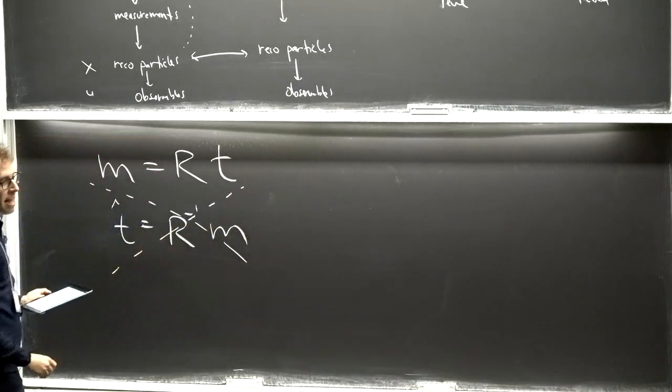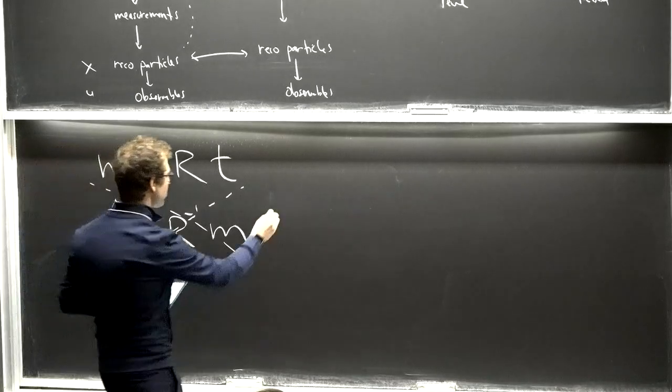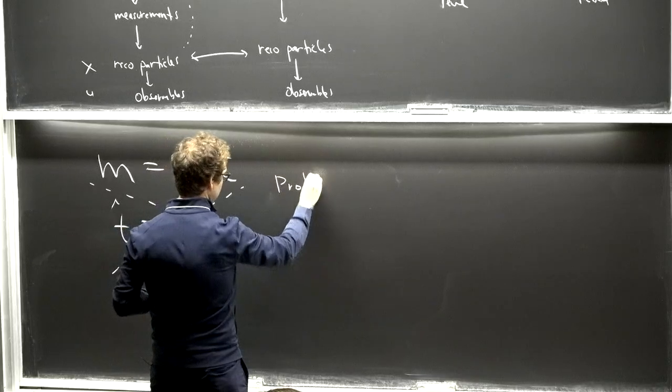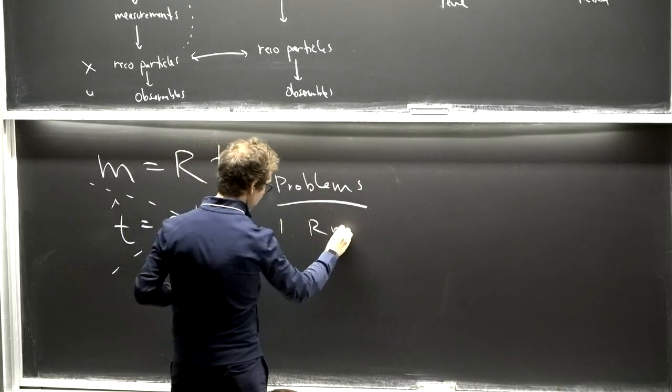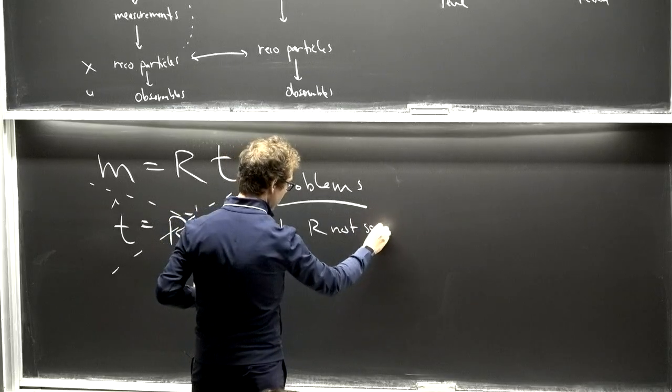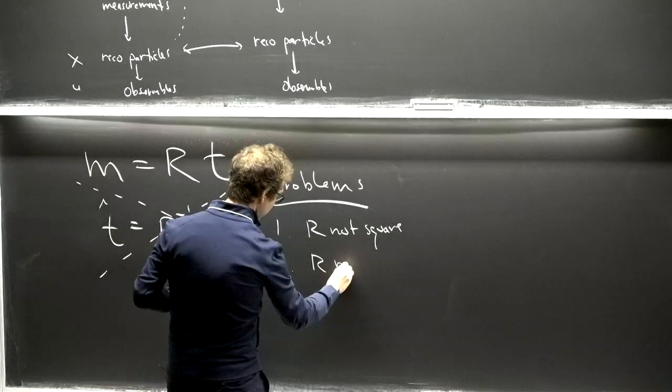And instead, we do various forms of regularized matrix inversion. Okay, so I just write it down to be clear. R is not square. R not invertible.